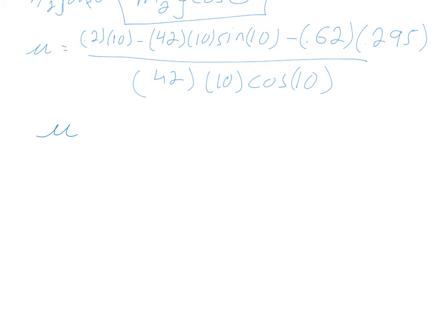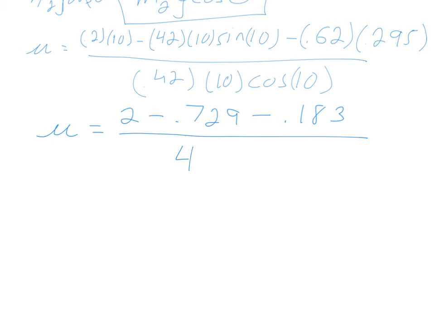Plugging in numbers, I get 2 minus 0.729 minus 0.183 over 4.136.